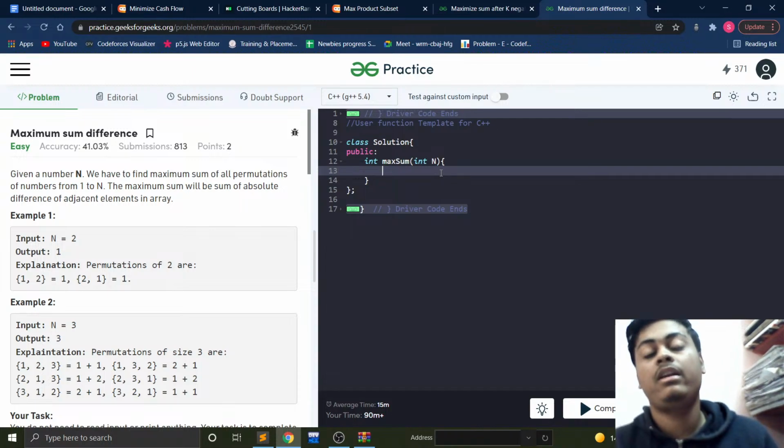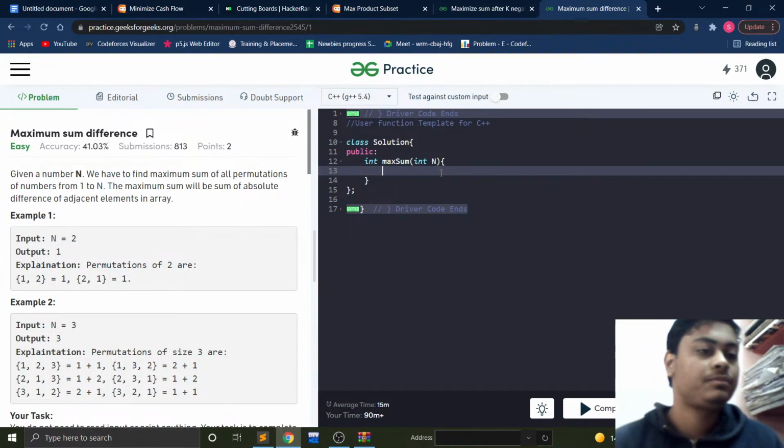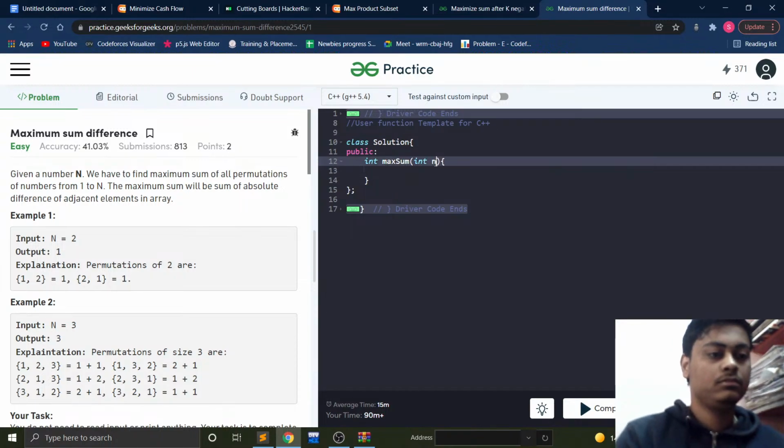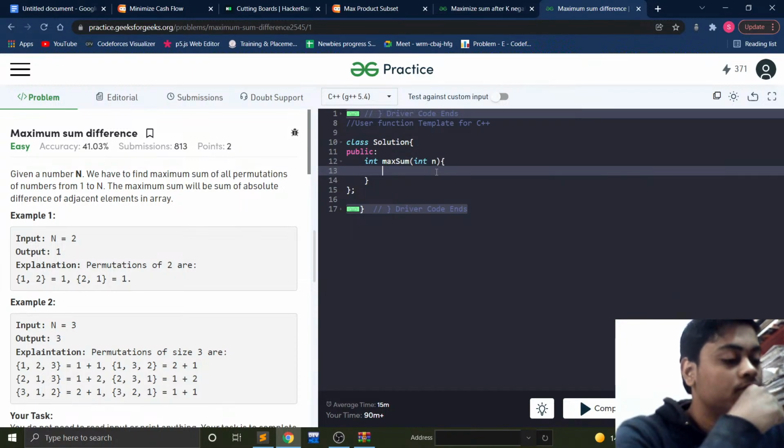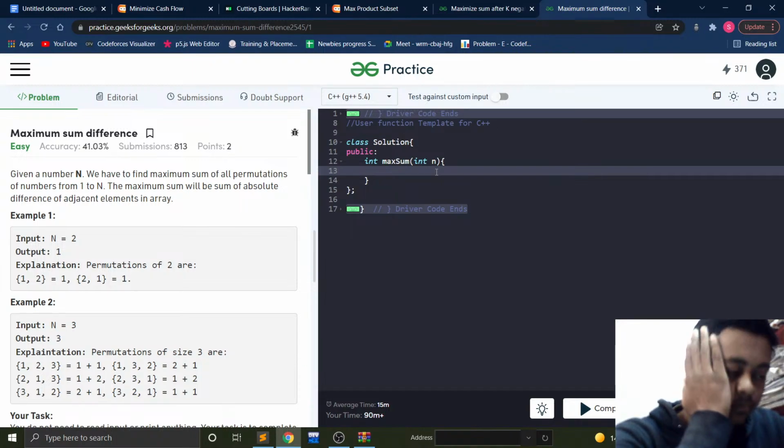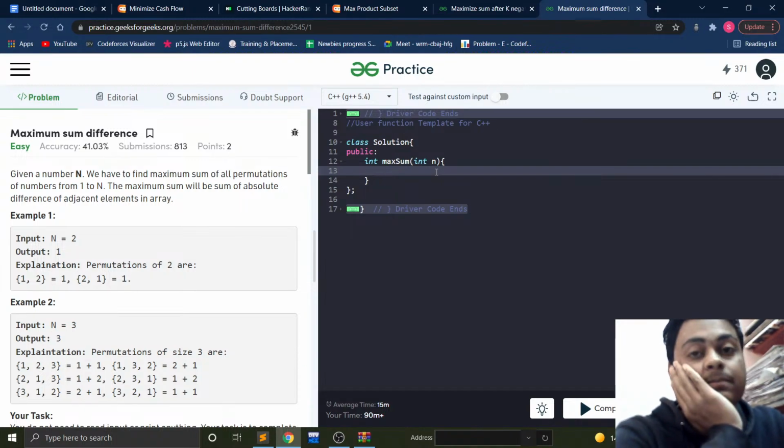Achha, we have n and we have to make a permutation of n. Fine. 1, 2, 3 is 1 plus 1, but 1, 3, 2 is 2 plus 1. Is it like keep all the values alternately?